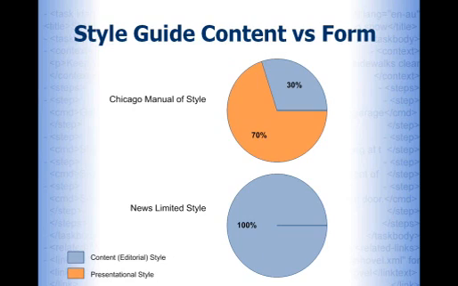So from that point of view, News Limited also needed to separate content from style. And so their style manual is quite interesting. If you can grab a hold of that and have a read of it, it is actually quite interesting. But again, it covers good material, but a lot of it is not relevant to a DITA authoring environment.